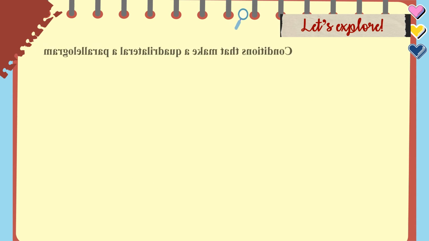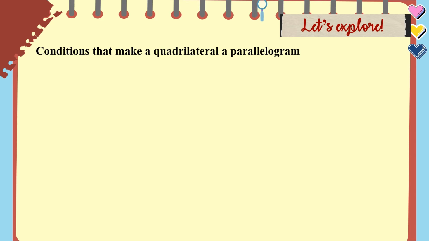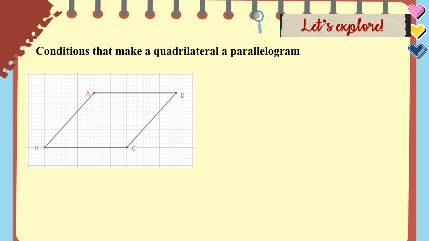When is a quadrilateral a parallelogram? Let's take a look at the conditions that make a quadrilateral a parallelogram. Let's take a look at quadrilateral ABCD. If you look at the sides AD and BC, what can you say?